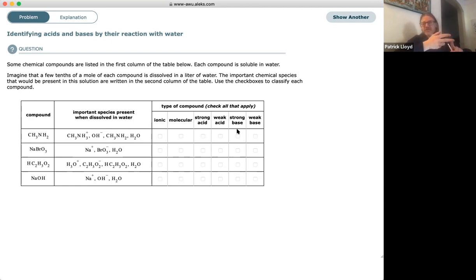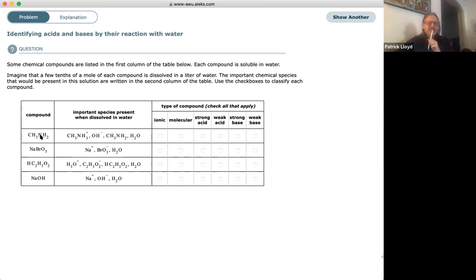The metal hydroxide bases are the strong bases. In terms of the acids, organic acids are weak, and the inorganic acids are generally very strong, although that's a little bit complicated. Some of them are strong and some of them are weak. So what I'll do is I'm going to give you a list of the strong acids. If it's an acid, but it's not one of those strong ones, we consider it weak.